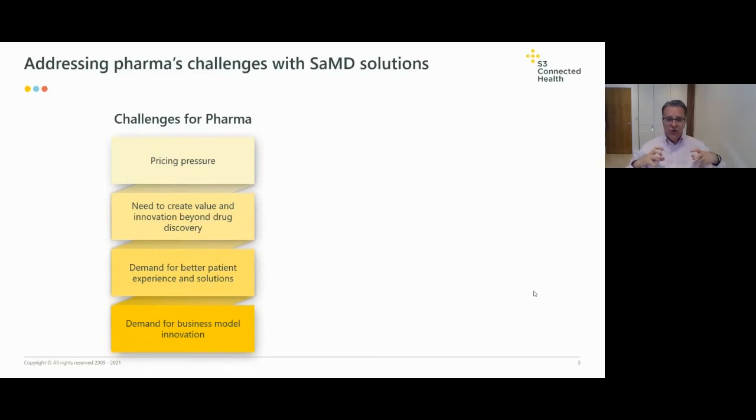There's the need to create more innovation and value, and this presents itself in different ways. You've got better clinical outcomes and trying to lower costs for providers, more innovative solutions that improve the patient experience, but also maybe their quality of life. And increasingly, the industry is seeking ways to develop new revenue streams and business models beyond just drug discovery.